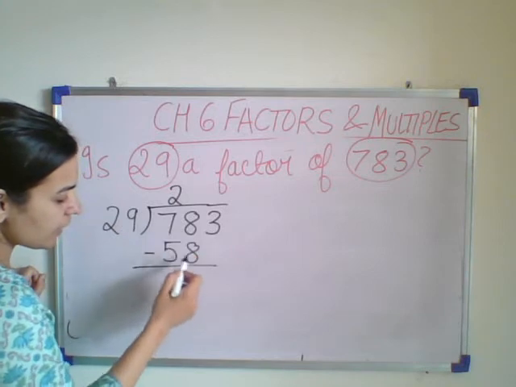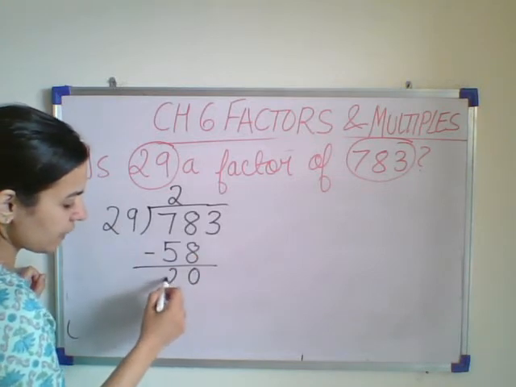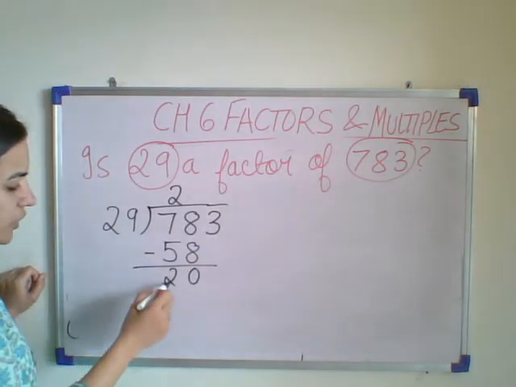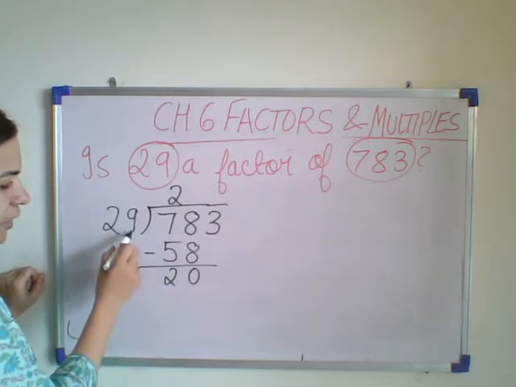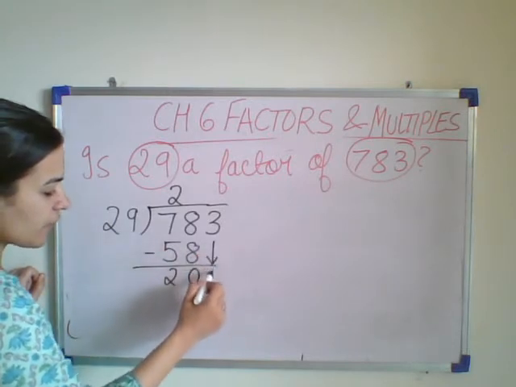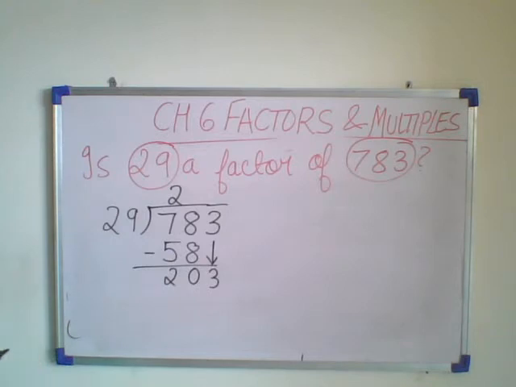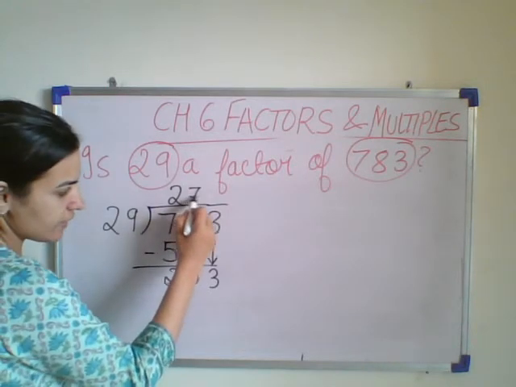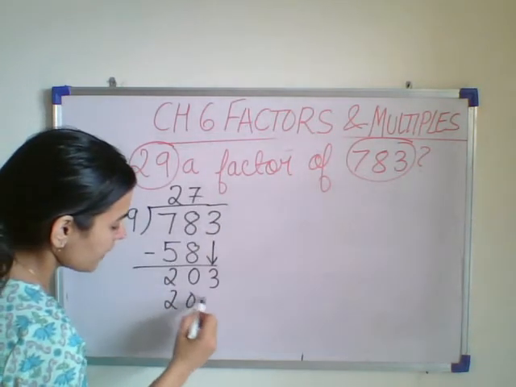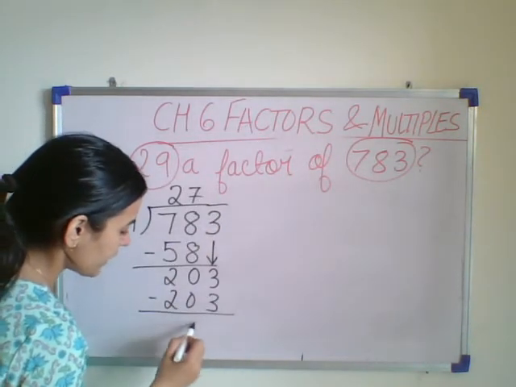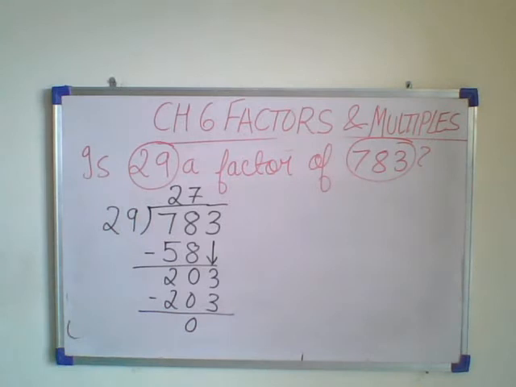Subtract this, 78 minus 58 is 20. Now this 20 is lesser than 29. So we will be carrying this 3 down. Now 29 sevens are 203. The remainder is 0.